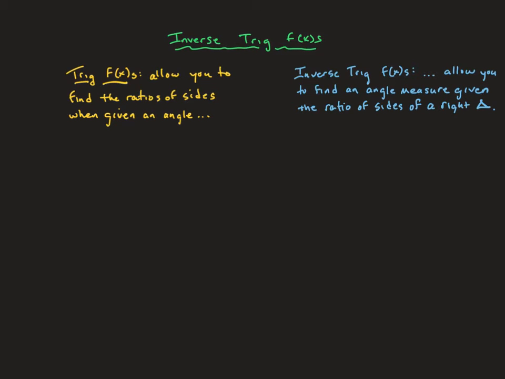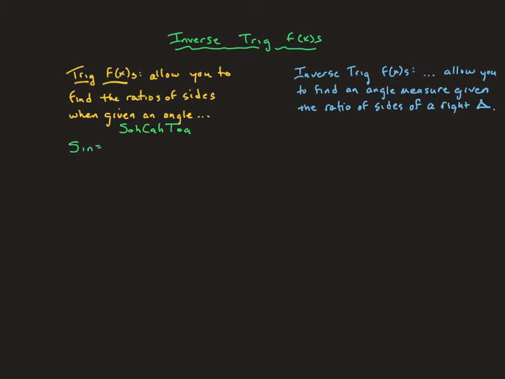So looking at the inverse trig functions, let's first think of the original functions. Our trig functions allow us to find the ratios of sides when given an angle. And what we were using there was SOHCAHTOA.